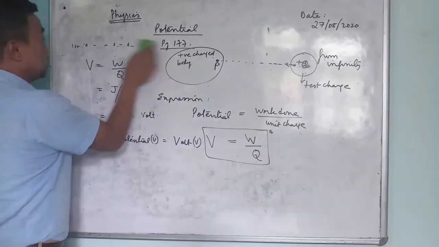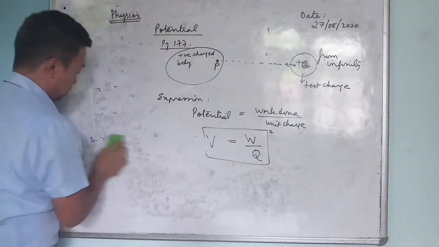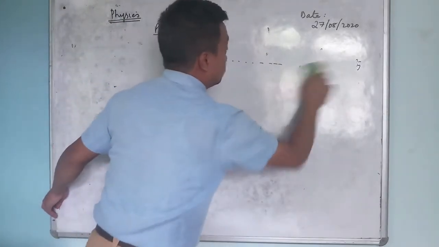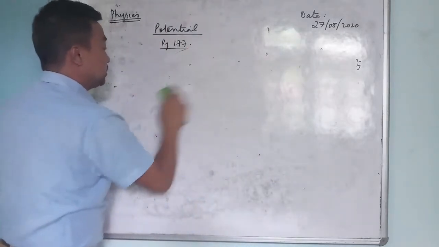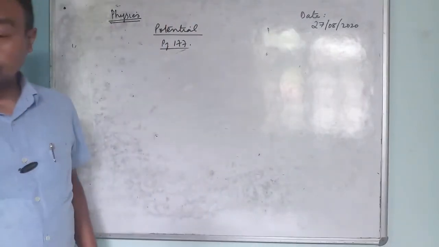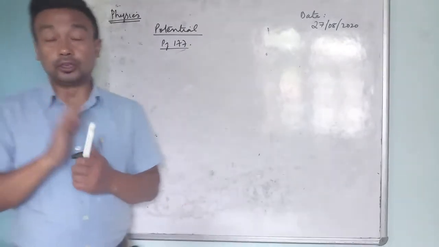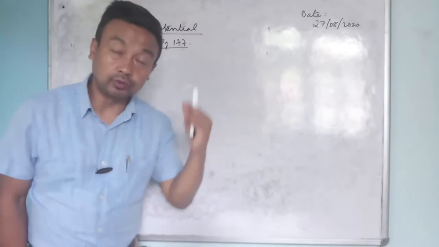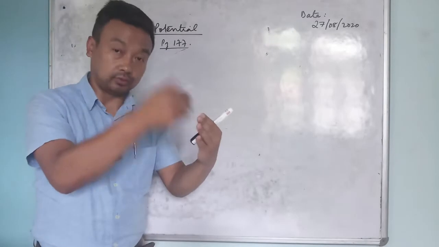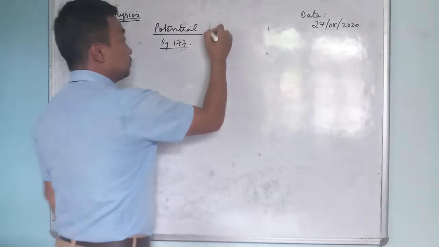So let us do that also, the potential difference. Basically the potential difference is the same as the potential. Here also you have the same formula, the work done, but in case of the potential difference you don't bring the charge from infinity, you bring it from one point to another point in a finite region.